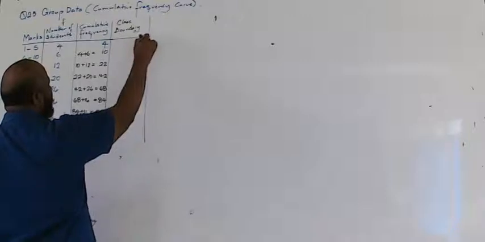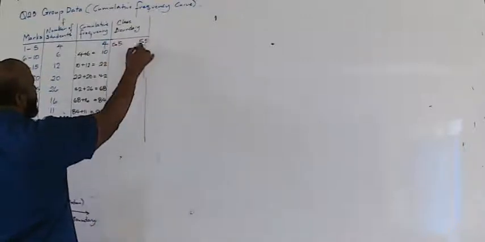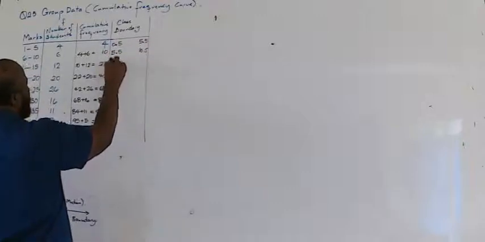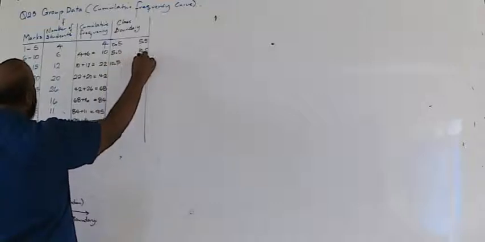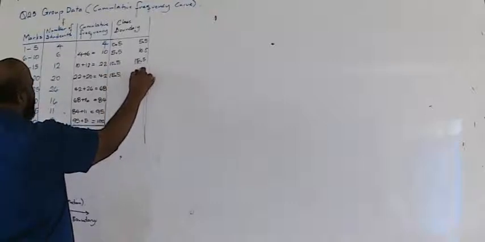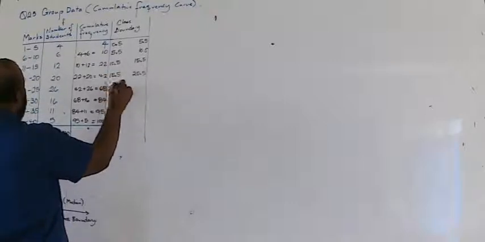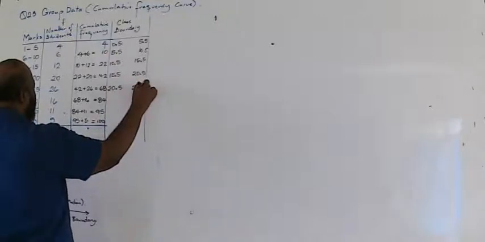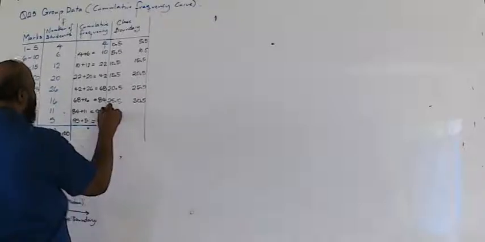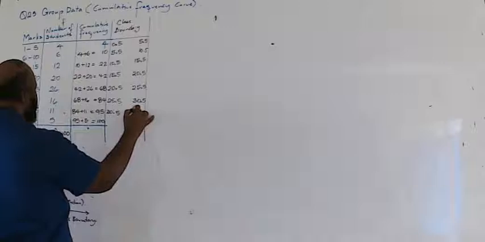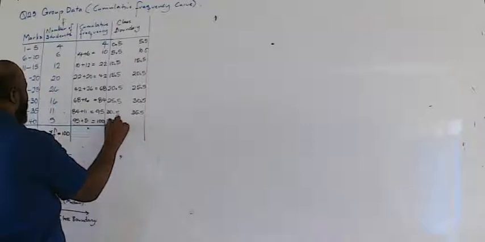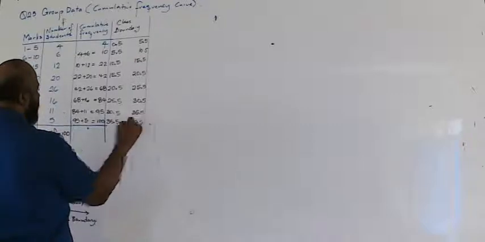So this is 0.5 and 5.5, then 5.5, 10.5, 10.5, 15.5, 15.5, 20.5, 20.5, 25.5, 25.5, 30.5, 30.5, 35.5, 35.5, and 40.5.